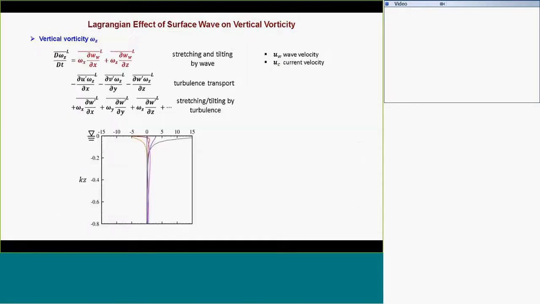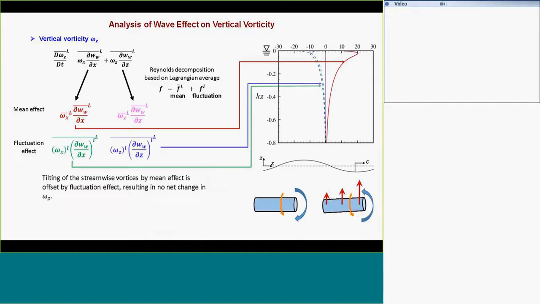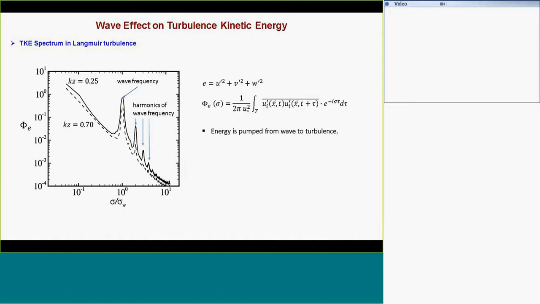Another thing I want to mention is the turbulence kinetic energy. In the upper lakes and upper oceans, there are turbulence fluctuations, which play a very important role in the mixing of, let's say, chemical or biological processes.